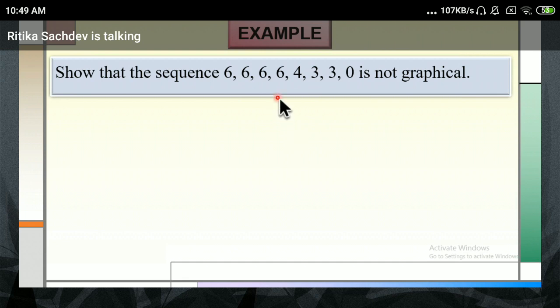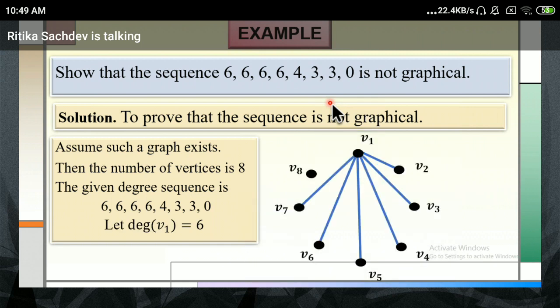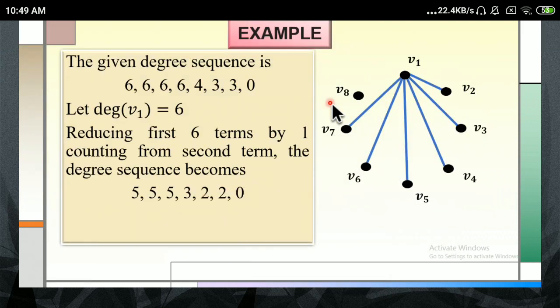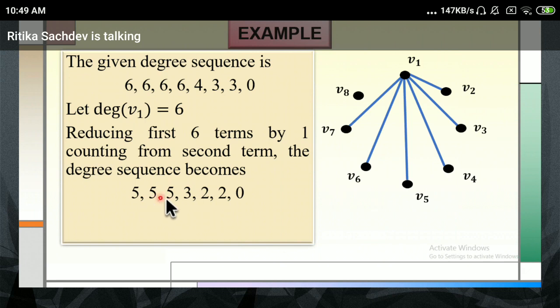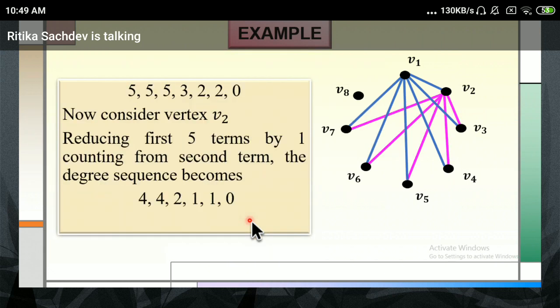The next step is that from the first 5, you're supposed to subtract 1. So when I got this sequence, we had subtracted 1 from the first 5. So we got it as 4, 4, 2, 1, 1, 0.